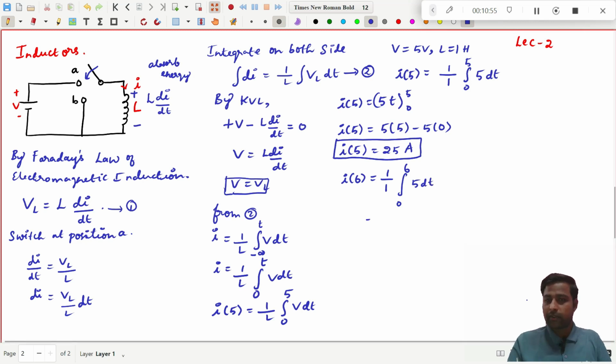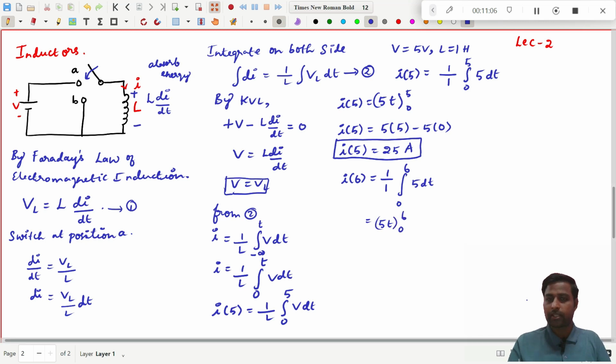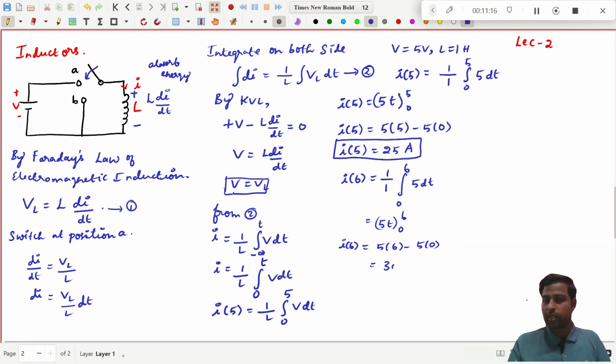This becomes again 1. If you integrate 5, it becomes 5t. The limits will be 0 to 6. So I at 6 seconds will be equal to 5 into 6 minus 5 into 0. So here it becomes 30 amperes, right?